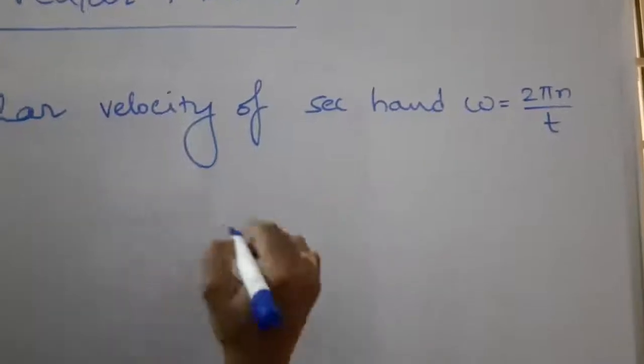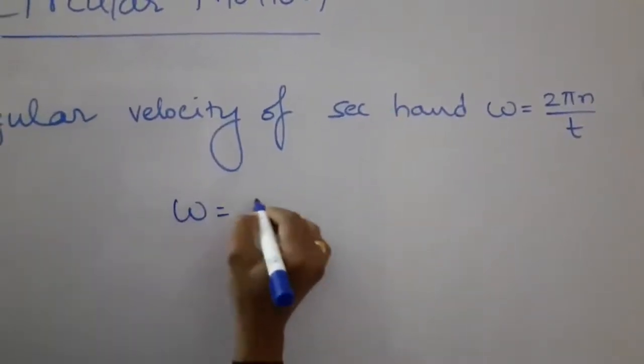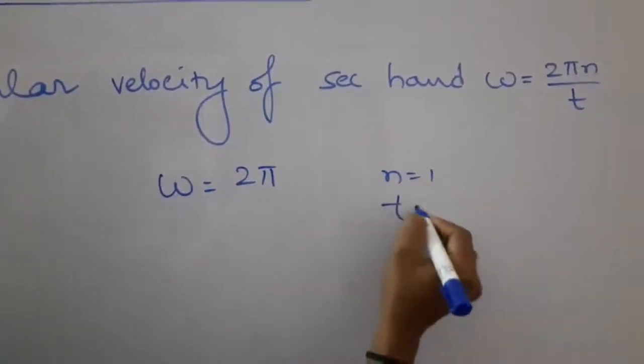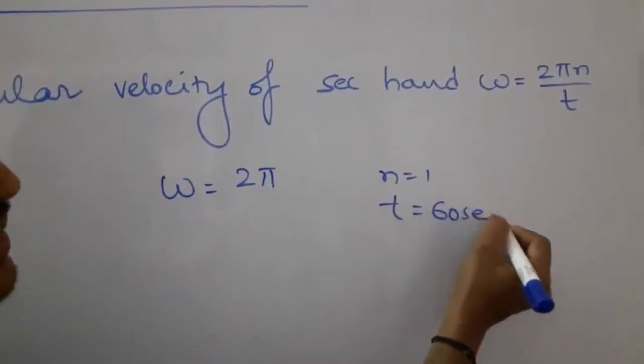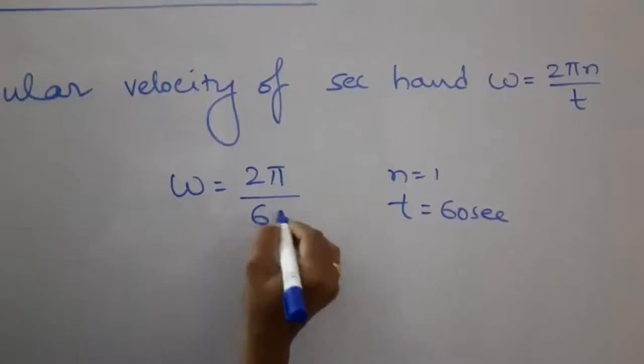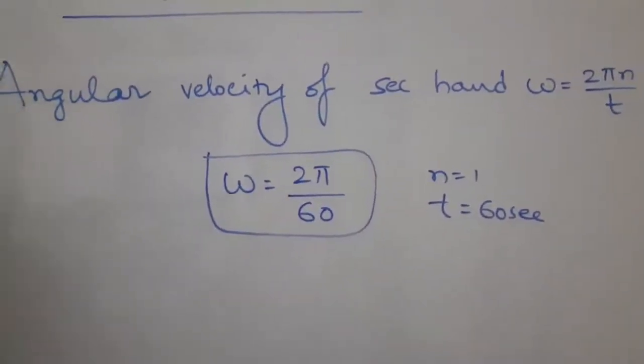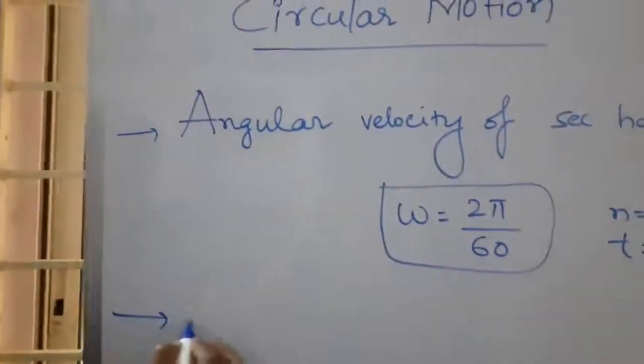For one revolution, the seconds hand takes a time interval of 60 seconds. Therefore, 2 pi by 60 is the angular velocity of the seconds hand.